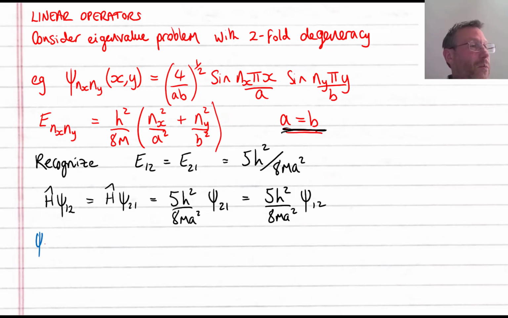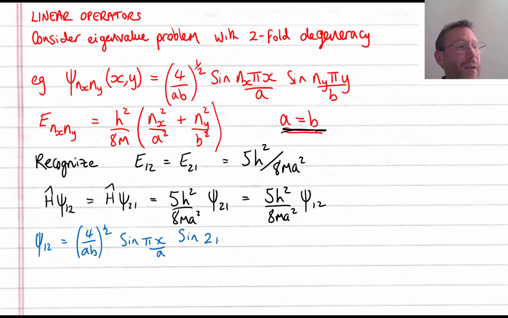Both of these eigenfunctions have the same eigenvalue. So psi 1,2 is equal to 4 over ab to the half, sine pi x over a, because n in this case is equal to 1, multiplied by sine 2 pi y over a, because in this case n is equal to 2.